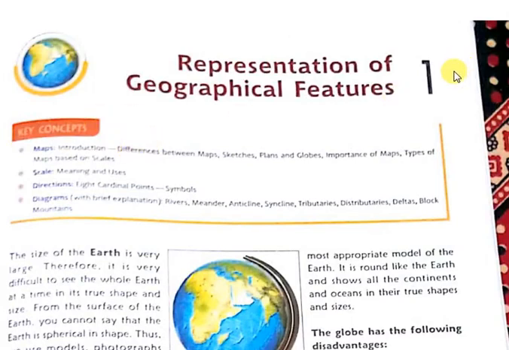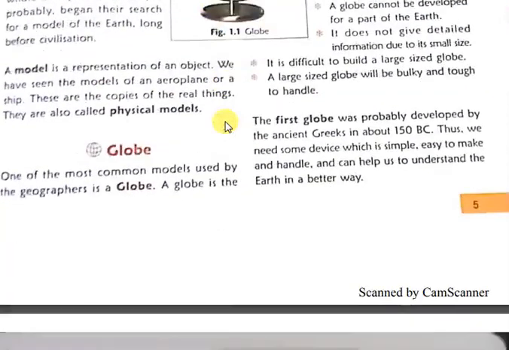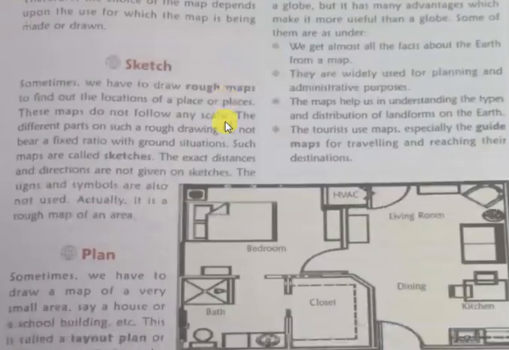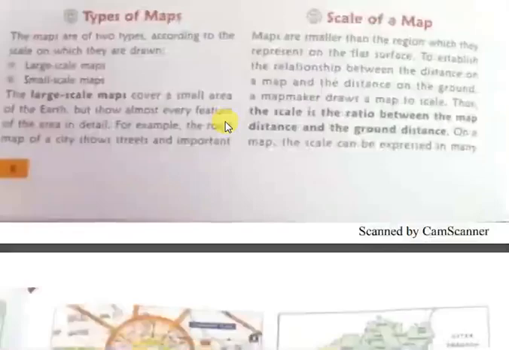So out of our curriculum for unit 1, we are taking up chapter 1 first, which is representation of geographical features. In this video, I will be showing you the pages from the book. You can go through them and understand the concept easily.